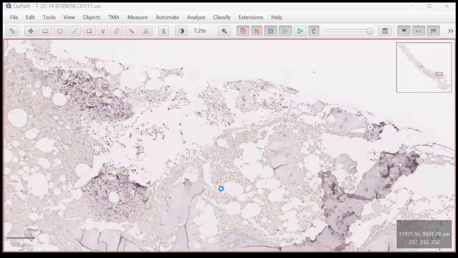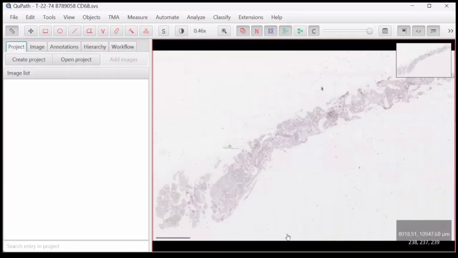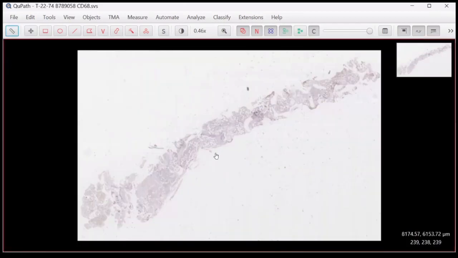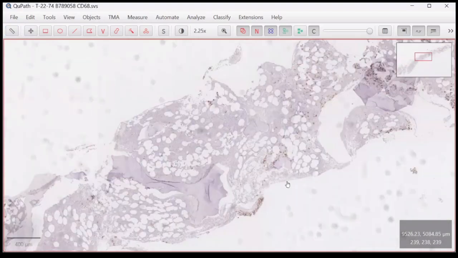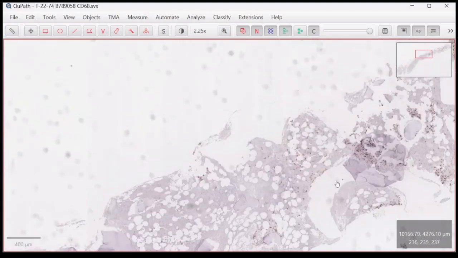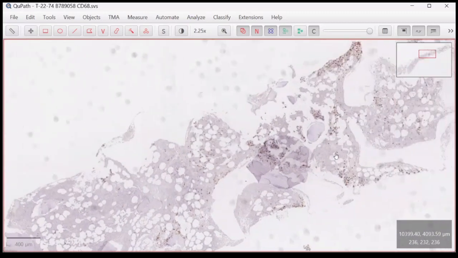We check first. Okay, this is CD68. You have very few CD68 cells here.